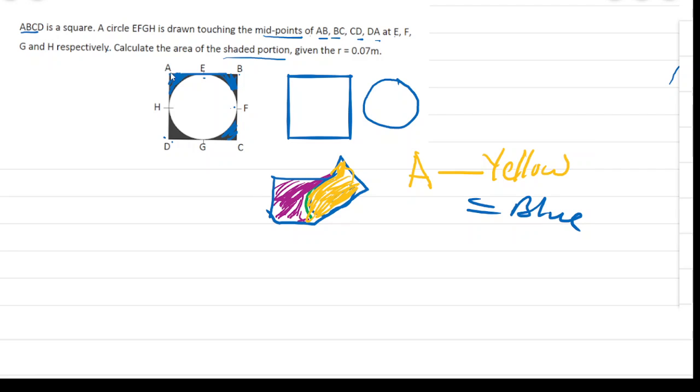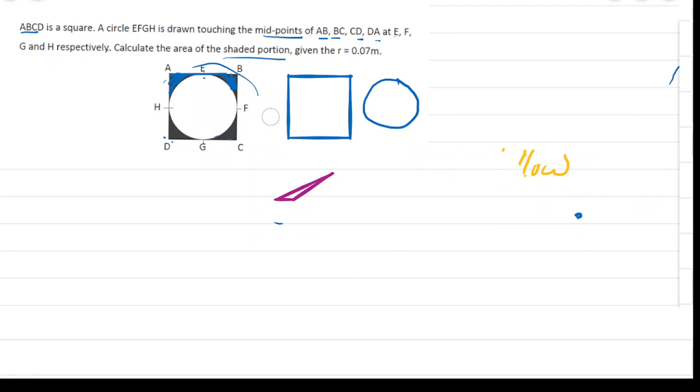So from this square here, if you take away the inner circle, what will remain for us will be the shaded portion highlighted there. So I will clean up the board now and we will illustrate the concept.